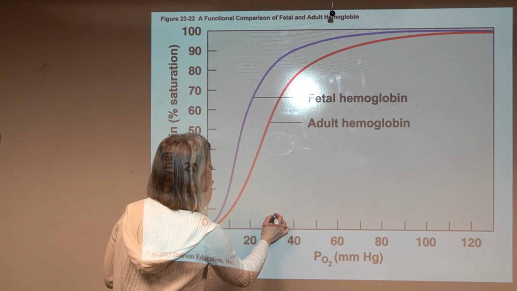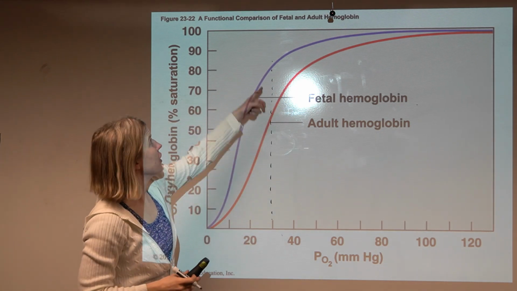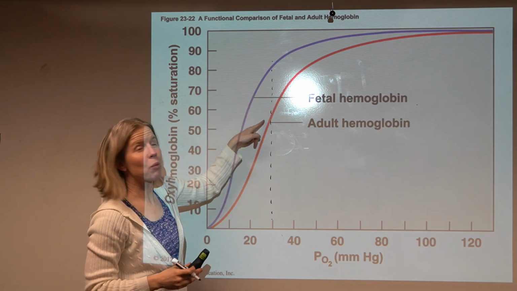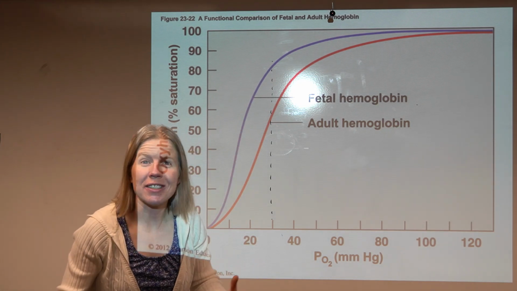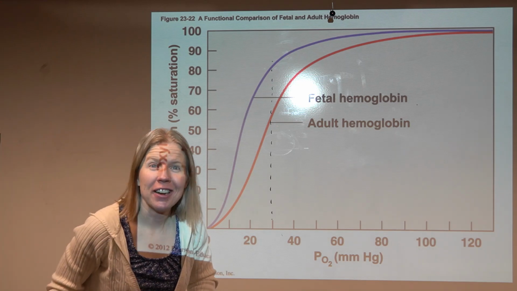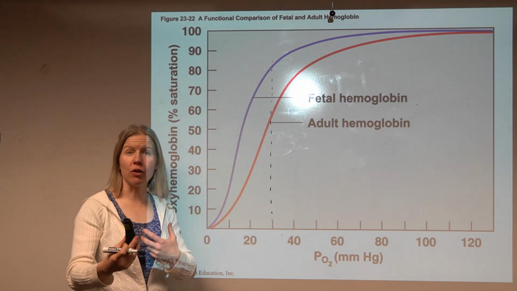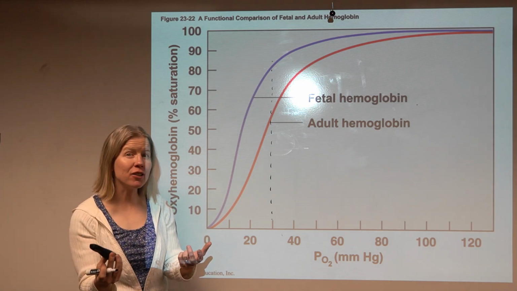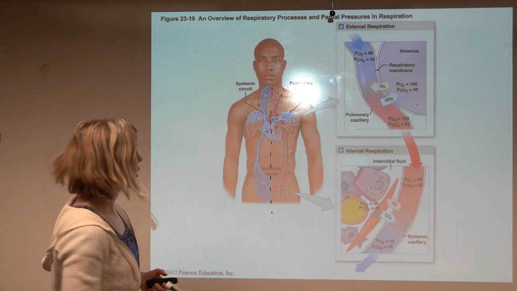At that same partial pressure of oxygen, fetal hemoglobin is much more saturated than adult hemoglobin. It's so you can steal oxygen from mom. You're not using your own lung yet, and so the blood you're trying to grab from mom maybe isn't quite as oxygenated, and so you're going to hog it. That's crazy.